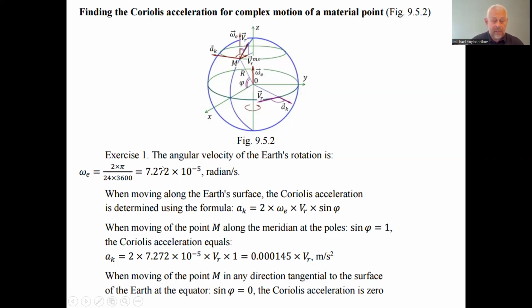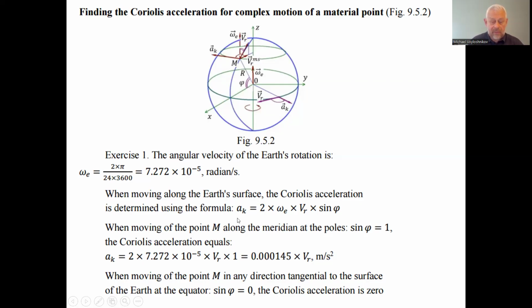So the angular velocity of rotation of the Earth is 7.272 multiplied by 10 to the power minus 5 radians per second. This is not a big angular velocity. Anyway, it can cause a noticeable magnitude of the Coriolis acceleration if any material point moves parallel to the surface of the Earth. It could be a flying object, etc.